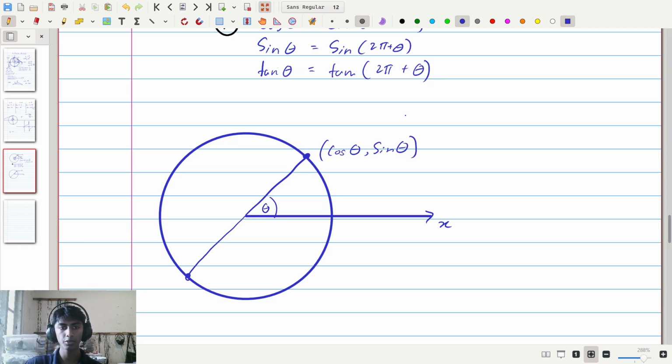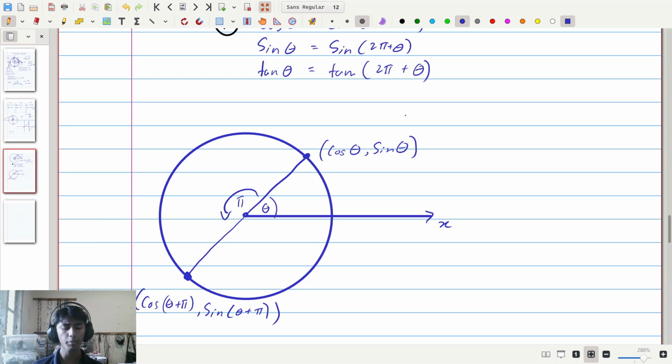This point that I've drawn here is cos theta, sine theta, and the other point on the other side is cos of theta plus pi, sine of theta plus pi. We have traveled an extra pi radians around the circle like this.